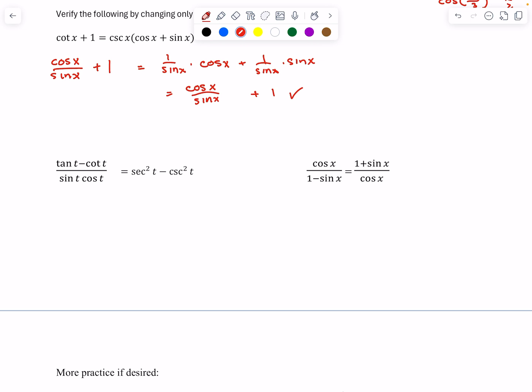Okay. I think the easiest way for this is going to be tan over sine times cosine, and then minus cotangent over sine times cosine.